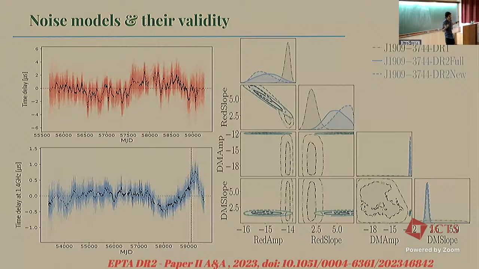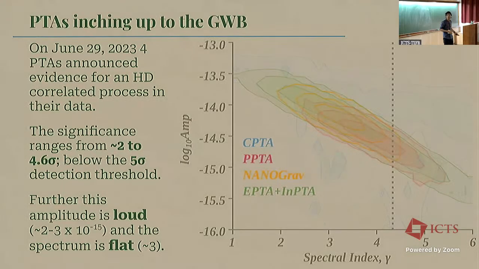And of course, there are papers from NANOGrav, papers from PPTA, papers from MeerTime, and there should be a forthcoming paper from the Chinese PTA as well. And of course, there are also papers from the Indian PTA. They have just submitted their DR2 paper, the noise analysis paper. I think there is noise analysis in the DR2 paper, but there will be other work coming up from the Indian PTA as well.